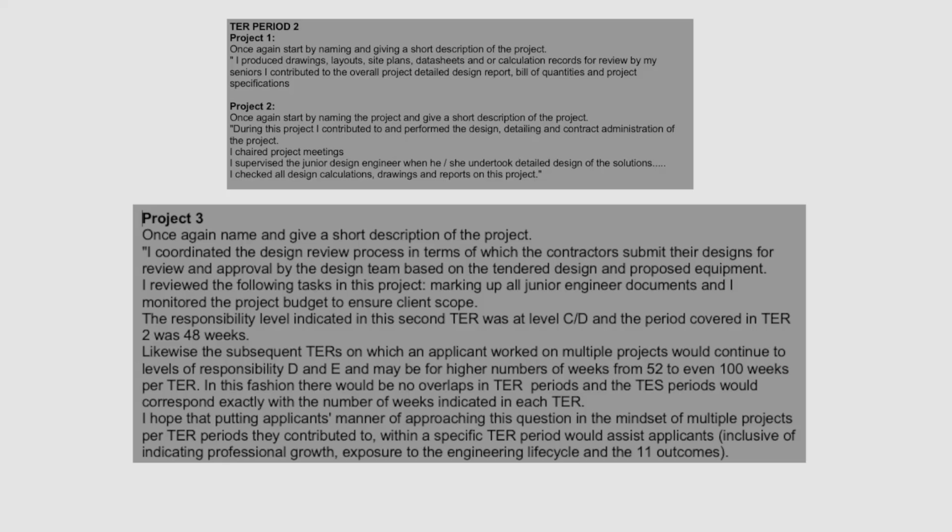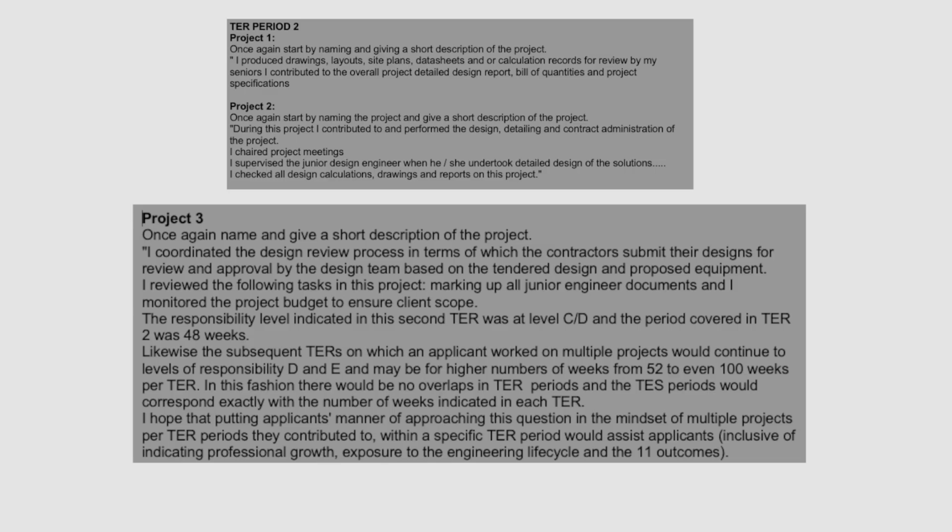I reviewed the following tasks in the project, making up all junior engineer documents, and I monitored the project budget to ensure client scope. Look at the wording. It's I, not we. So remember that in future.